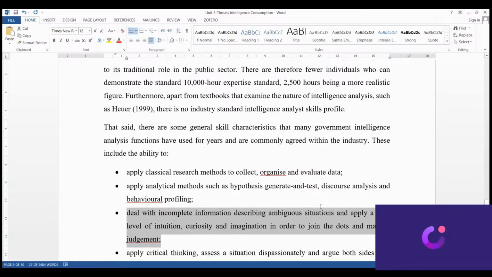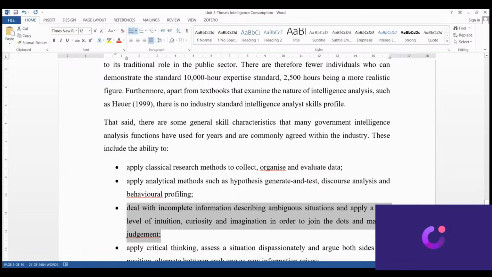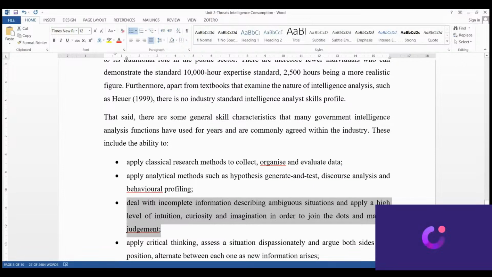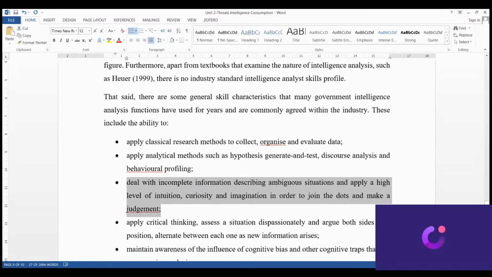So in case you find that the information may not be complete, you should at least be able to come up with means and ways to build it up and come up with an assumption of what was supposed to be the complete information.